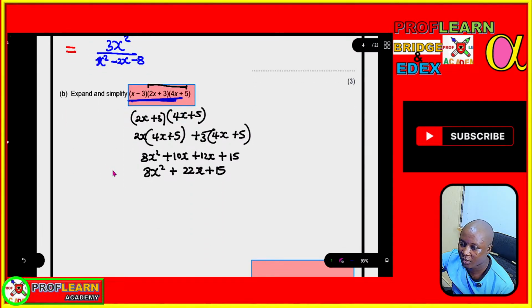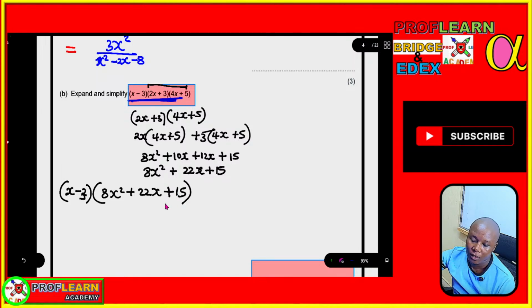Then once we have gotten that, the next part we shall do is x minus 2 minus 3, which is multiplied to 8x squared plus 22x plus 15. So if you work it out, what are we going to get here?